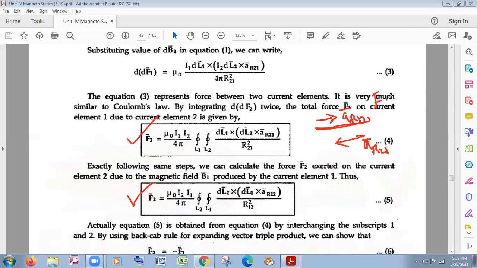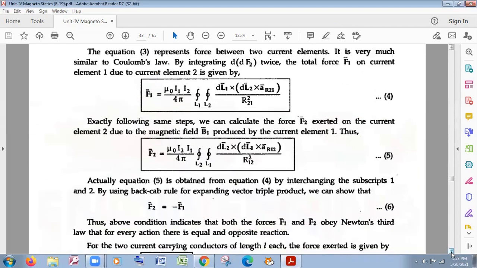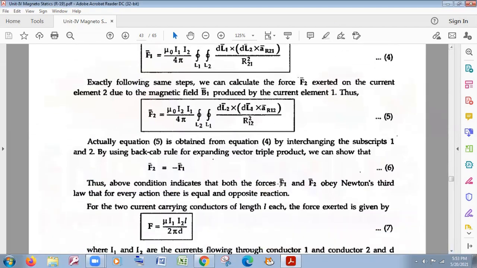The force is F1 here and the force is F2. F1 is equal to minus F2, the distance is the same, but the direction is different. So F2 is equal to minus F1.